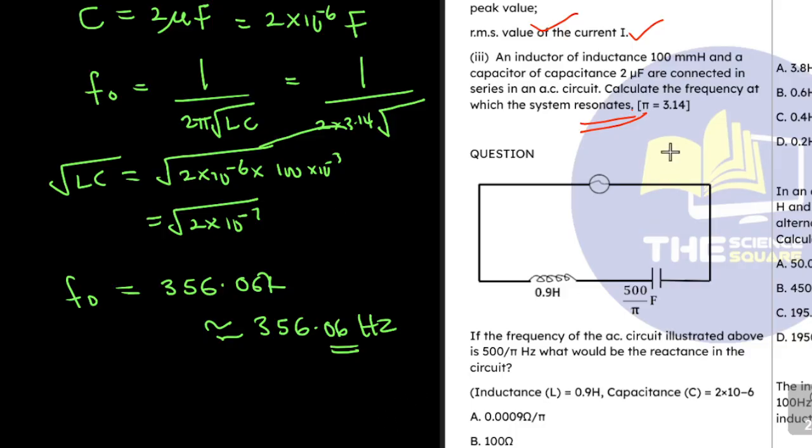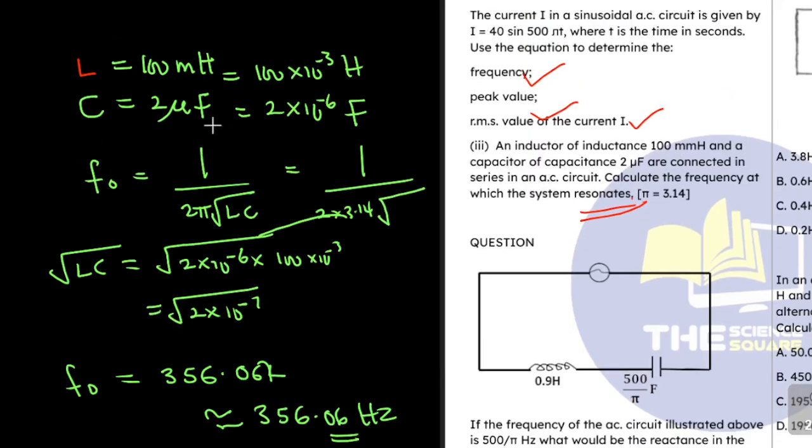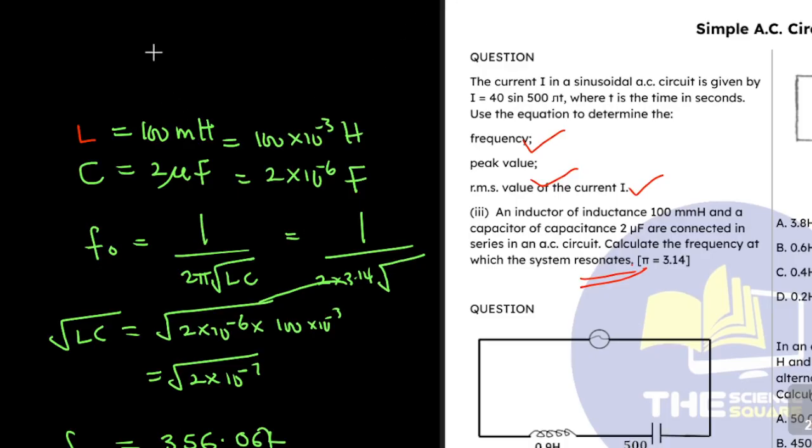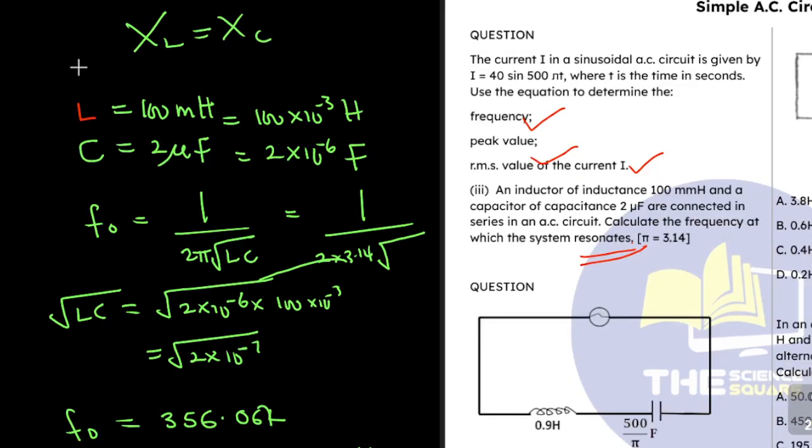Okay, so for the frequency where there is resonance, we have derived the condition for resonance that we have learnt in the past, that XL must be equal to XC. Equating XL and XC, you remember that your XL is 2 pi fL and your XC is 1 over 2 pi fC.